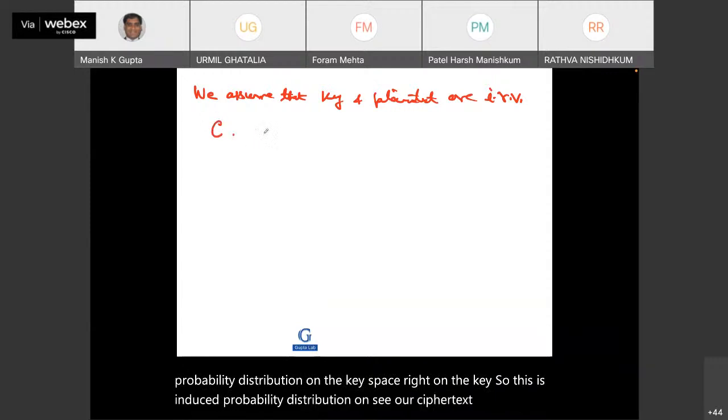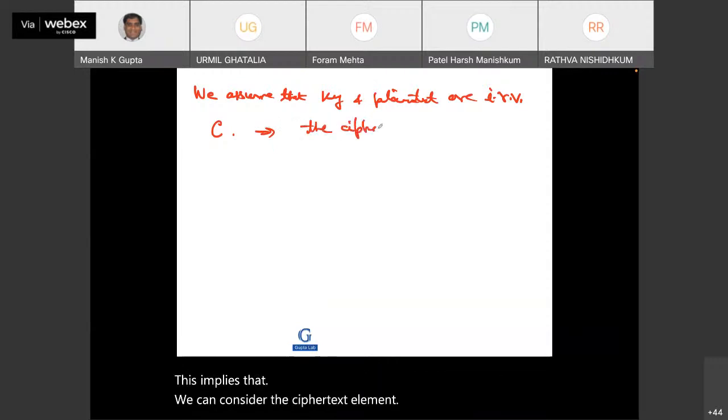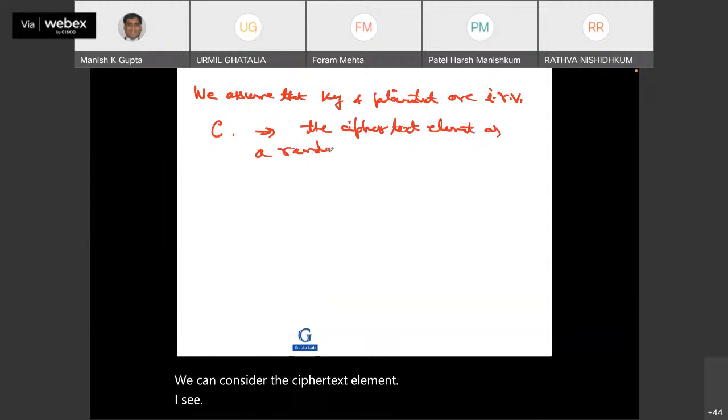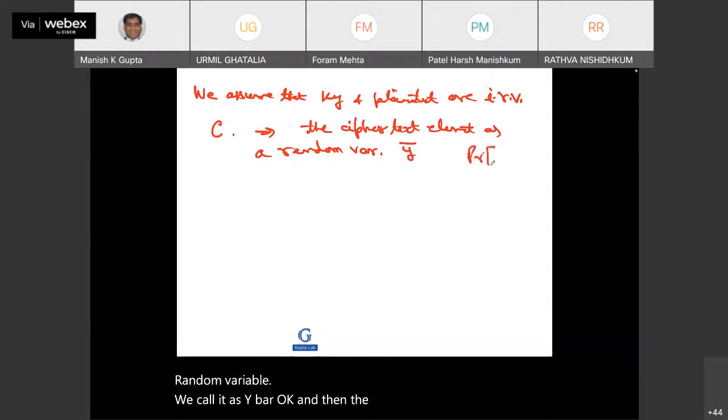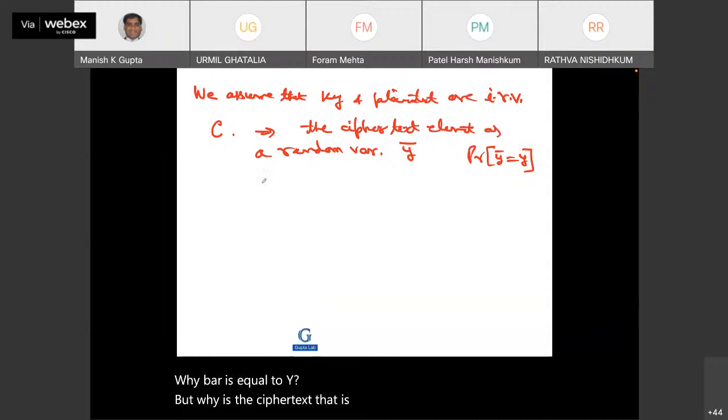Okay. So this implies that we can consider the ciphertext element as a random variable. We call it y bar. And then the corresponding probability, Pr[y bar = y], where y is a ciphertext that is transmitted, right?